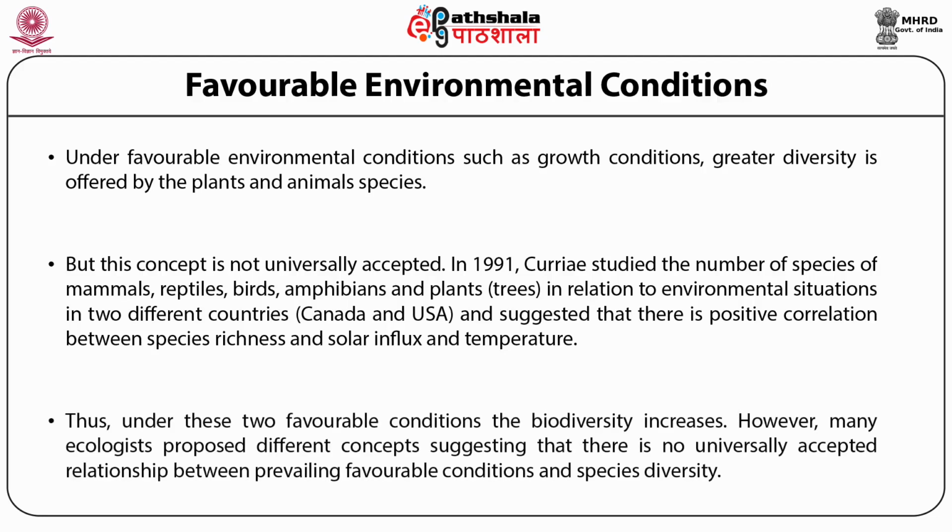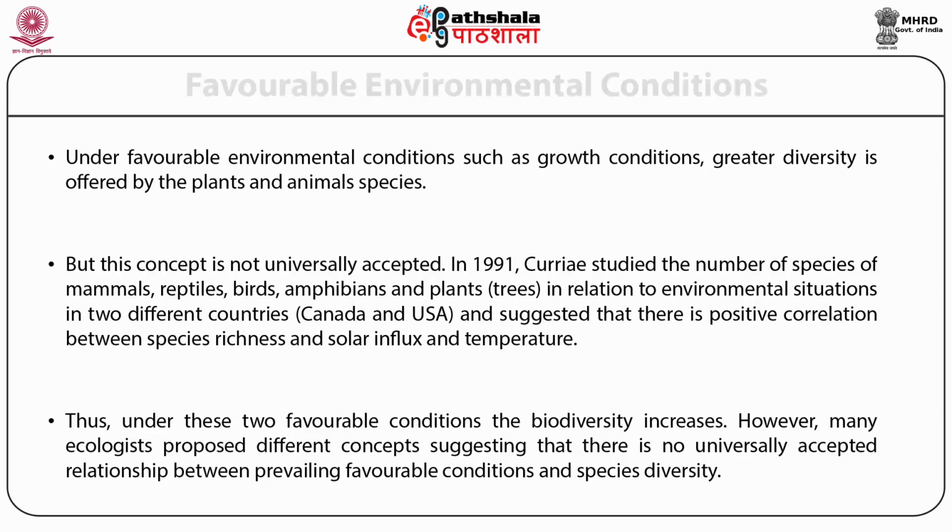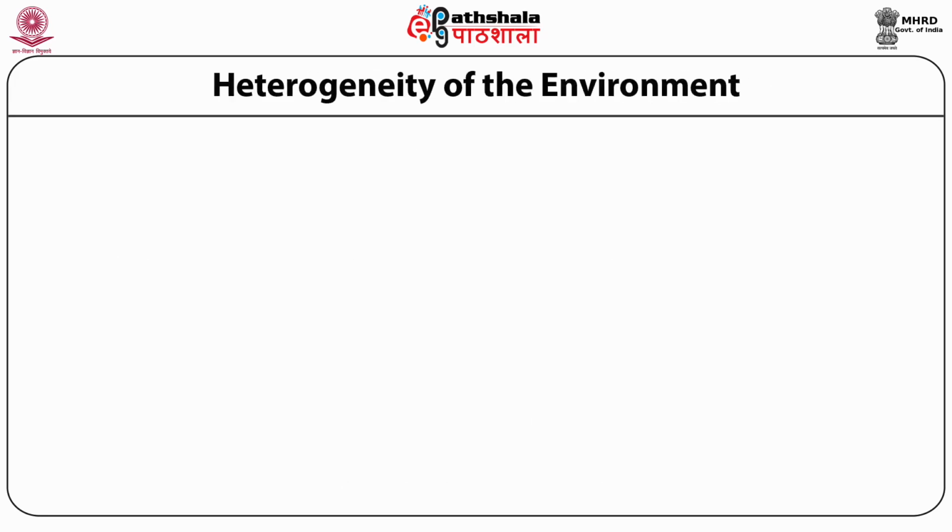Thus, under these two favorable conditions, the biodiversity increases. However, many ecologists propose different concepts, suggesting that there is no universally accepted relationship between prevailing favorable conditions and species diversity.